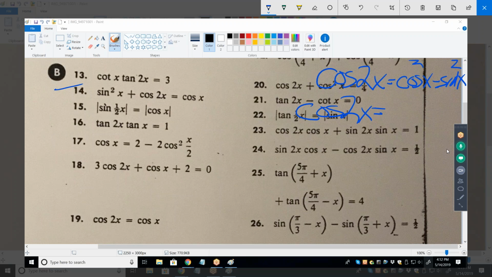Cosine squared x minus, and there's always a 2, cosine squared x minus 1. And then the other one? 1 minus 2 sine squared x. There you go.